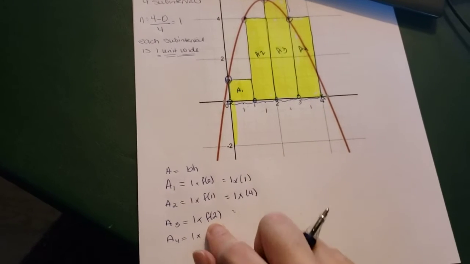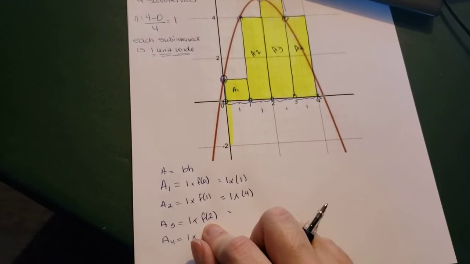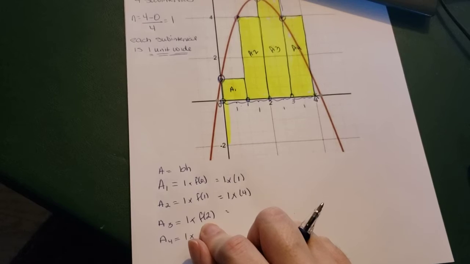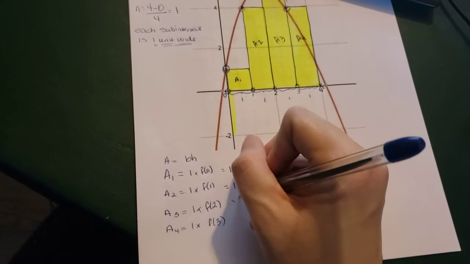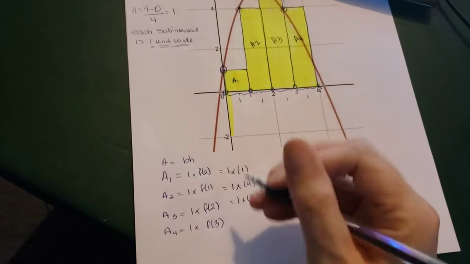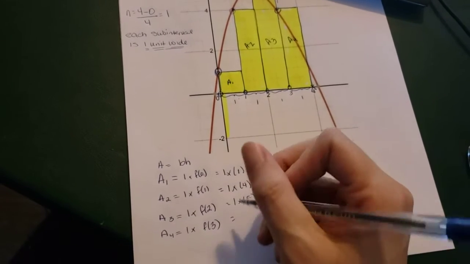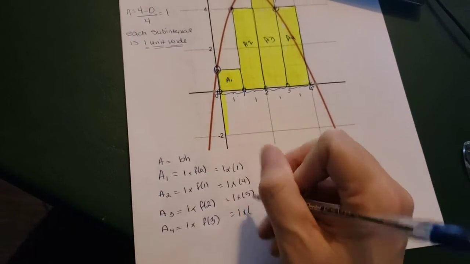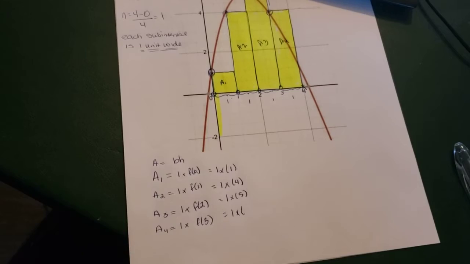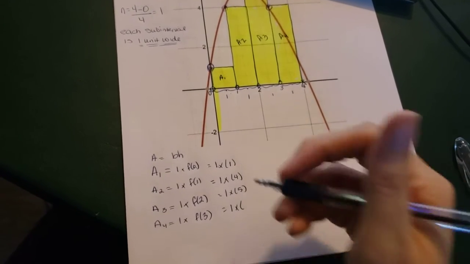F of 2 would be negative 4 plus 8 is positive 4, plus 1 is 5. And then f of 3 would be negative 9 plus 12 is positive 3, plus 1 is 4.